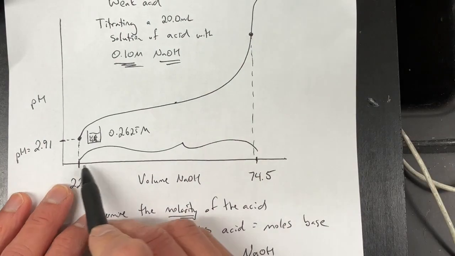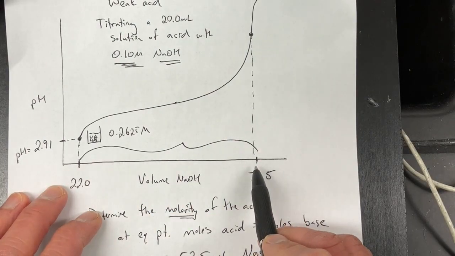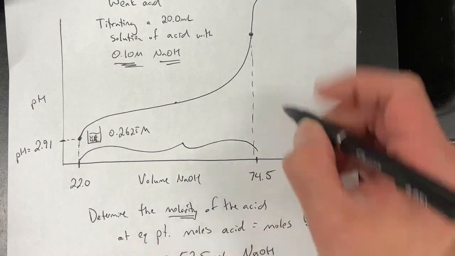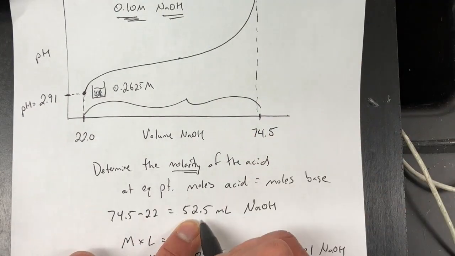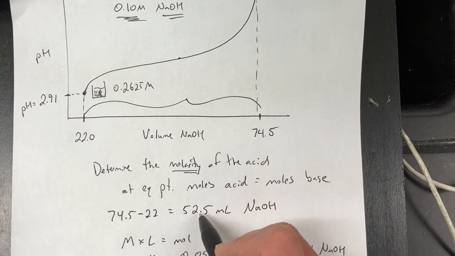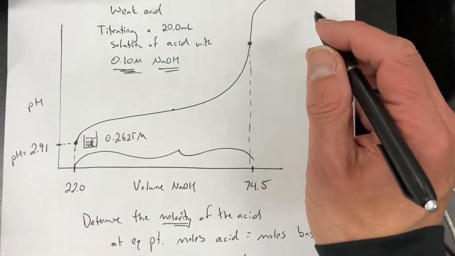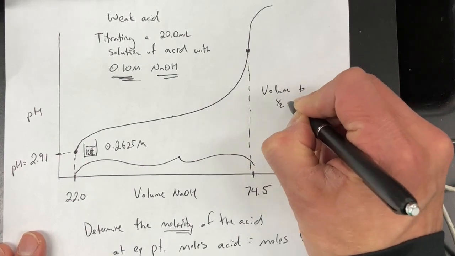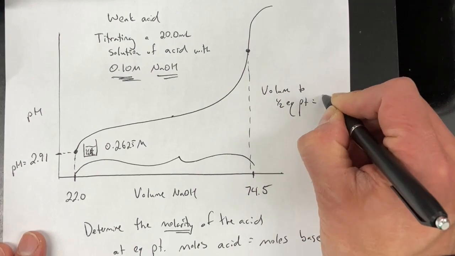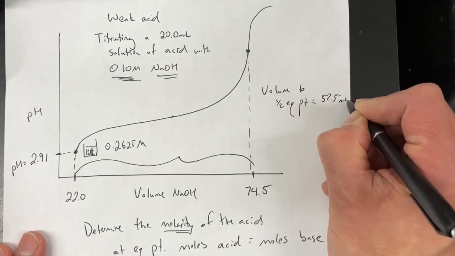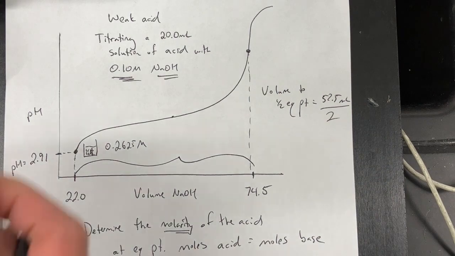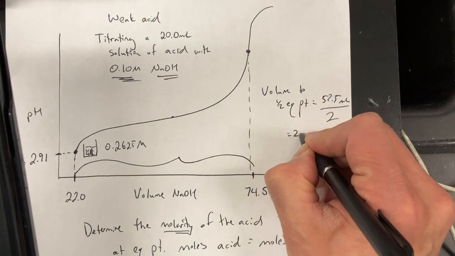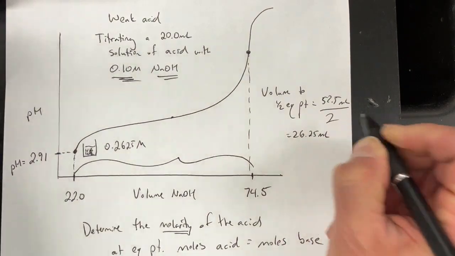Well, this difference here, remember, is 52.5 milliliters. Well, halfway is half of this number. So 52.5 divided by 2 is 26.25 milliliters.